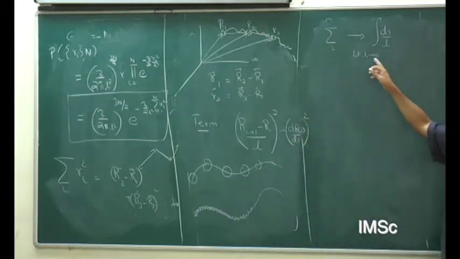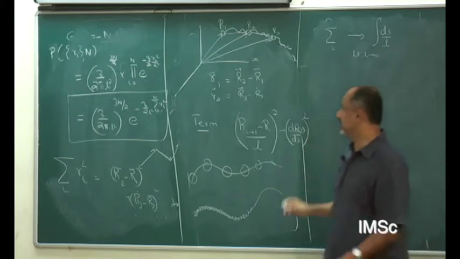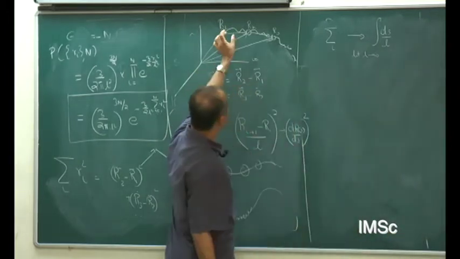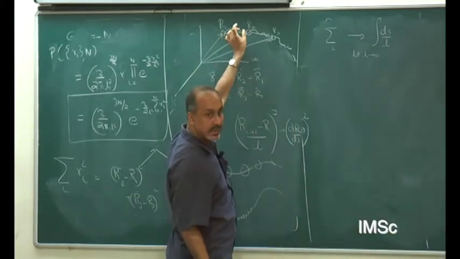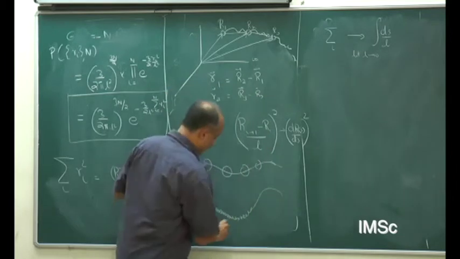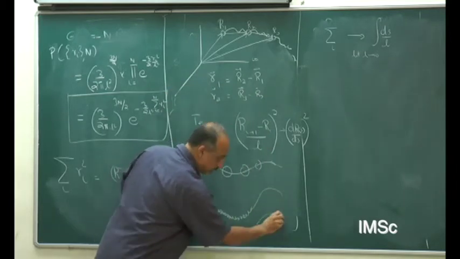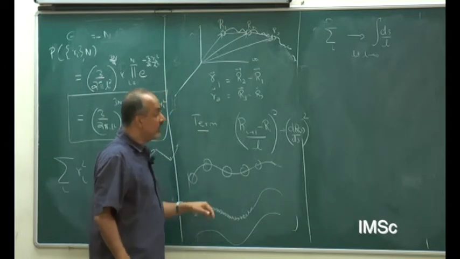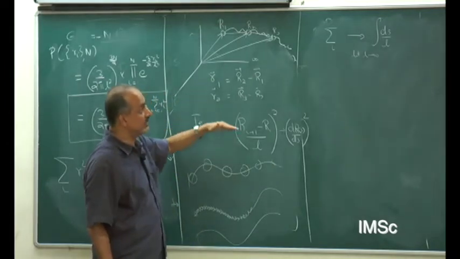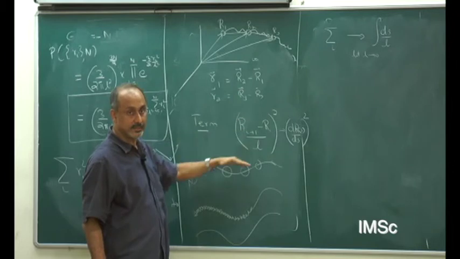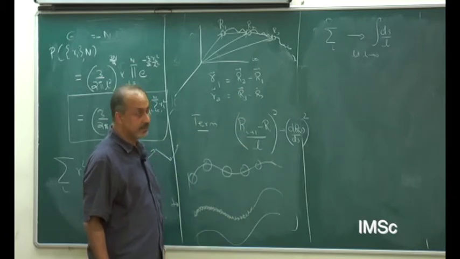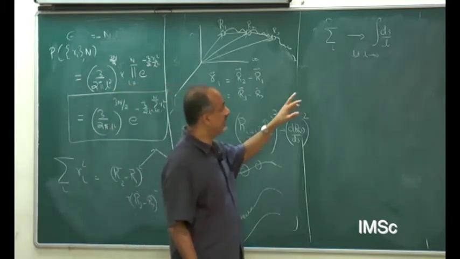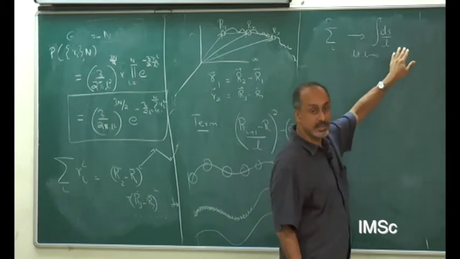So I'm going to take a very, very large number of beads, put them closer and closer together until finally this approximates something that looks like a continuous curve R of S. So the only question is how mathematically do I do that in a systematic manner that is clear and clean. To do that I need to be a little careful about my factors of L and where they appear.